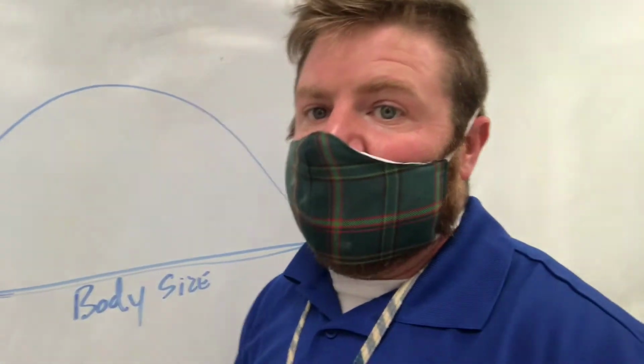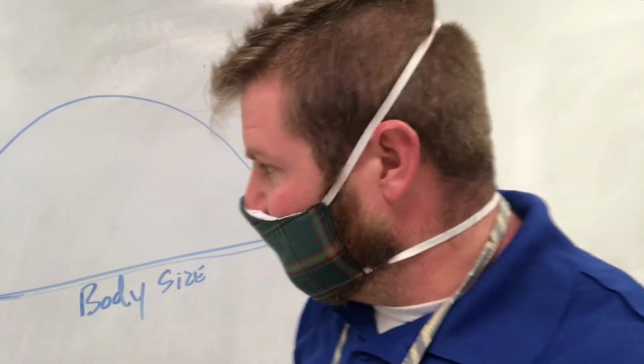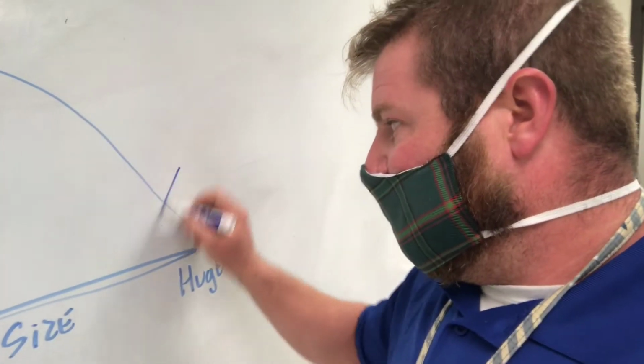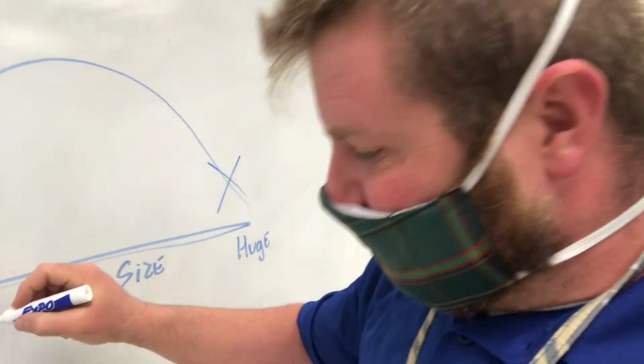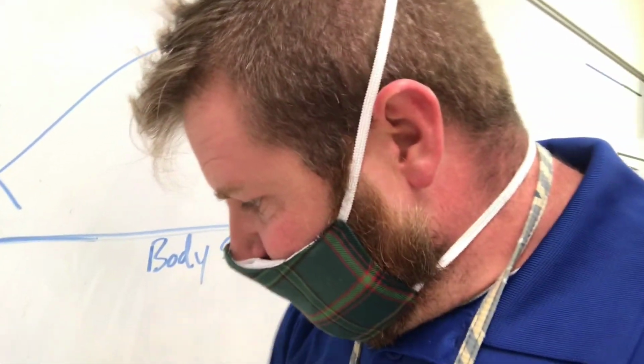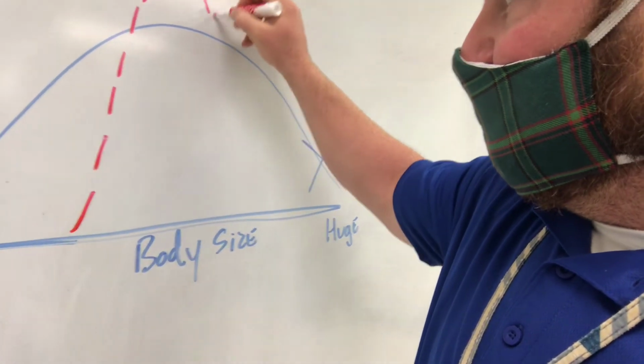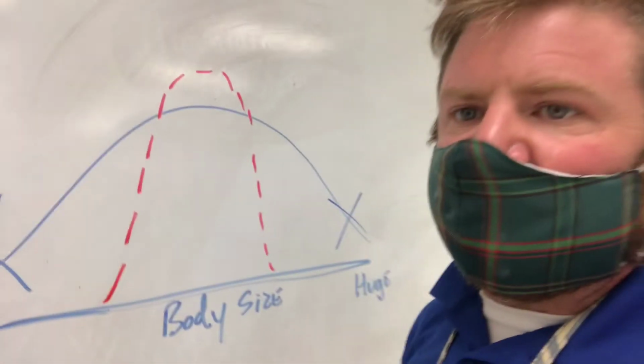And for whatever reason, that body type is perfect. It's not going to get any better. The really, really small ones die in fights, and they get eaten by other alligators. The really, really large ones, there's not enough food for them. There's not enough energy there to maintain this colossal body size. And those are out. And what happens is that middle, that sort of average, squeezes in tight, and that's the only size.